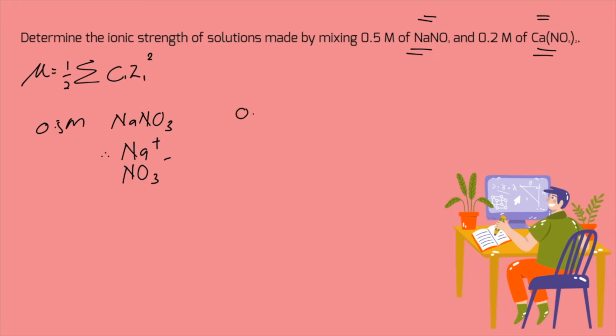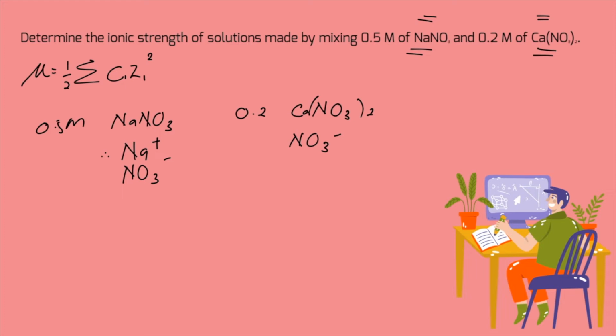But if you look at the 0.2 mole of Ca(NO3)2, there's a hint in the same question, because from the NaNO3 you know that the charge of NO3 is just negative.